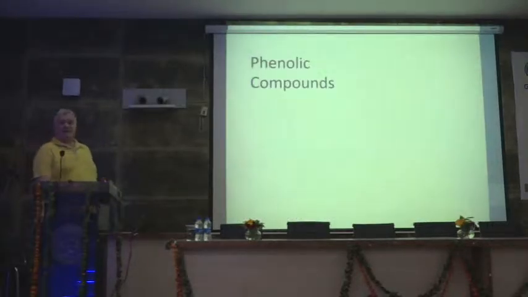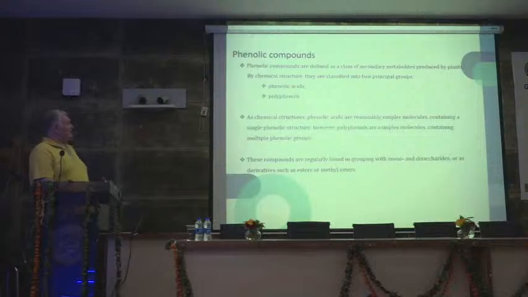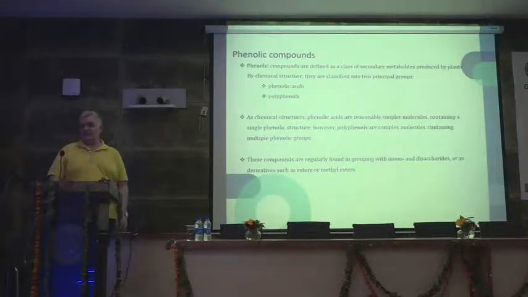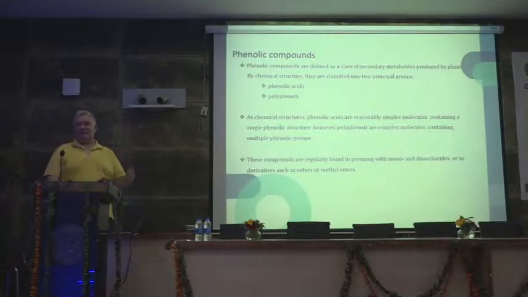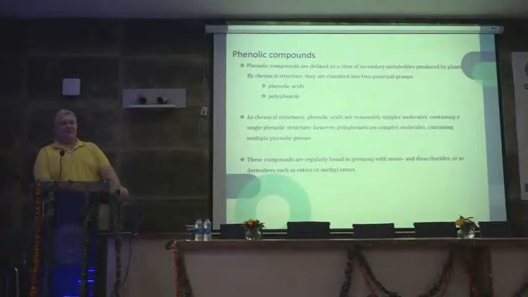But you can combine not only with antibiotics, you can combine with phenolic compounds. If you think about fruit and vegetables, they're extremely rich in phenolic compounds. These could be different phenolic acids, polyphenols, with a variety of chemical structures.